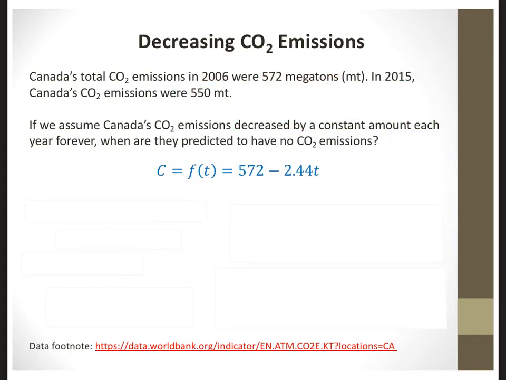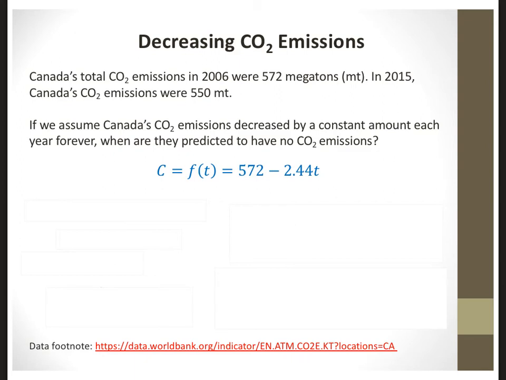Okay, and so one last example to continue with the Canada emissions previous example. So let's just say we've got the model for Canada's CO2 emissions. If they're going to decrease their emissions at a constant rate over this period, then we found that that model would be given by C is equal to 572 minus 2.44 T. And so now that we have a model, we can use this to make some predictions.